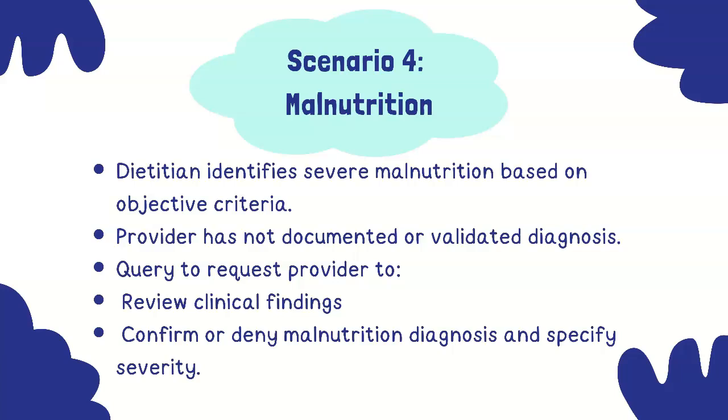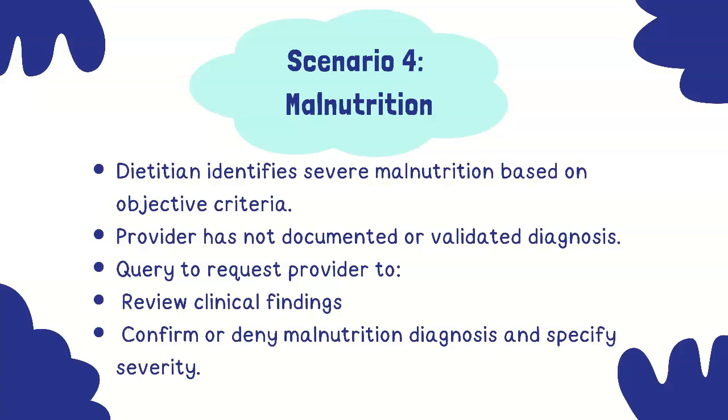So, scenario number 4, dietitian assessment identifies severe malnutrition using objective clinical criteria such as weight loss, reduced food intake, or muscle wasting. These are all indicators of severe malnutrition. However, the provider hasn't even documented malnutrition.